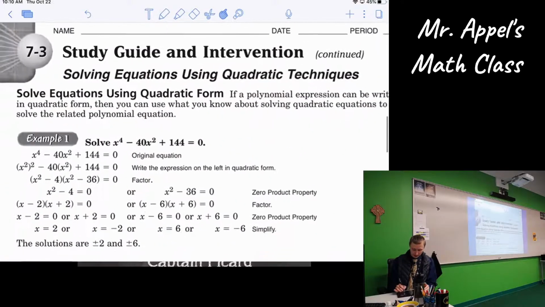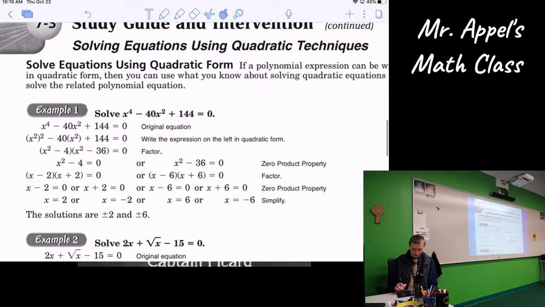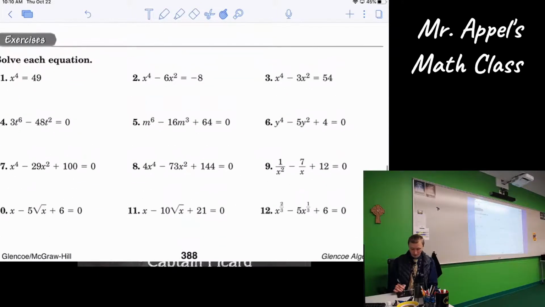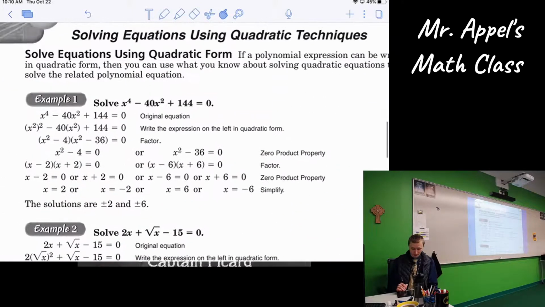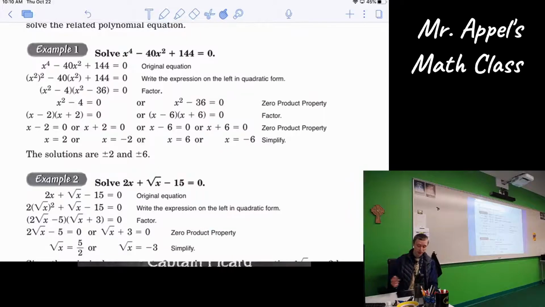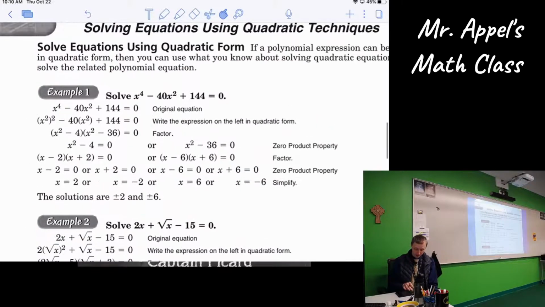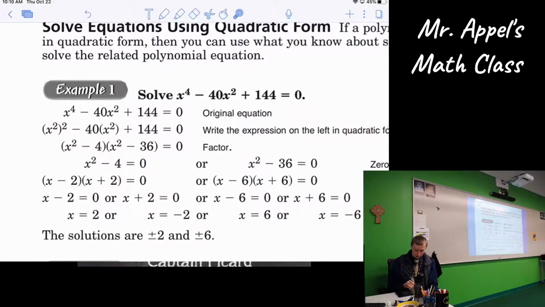And then on the second page, which is fewer, there's only 12 of those, you will then go ahead and actually solve them, right? So once again, take your original equation, 1, 2, 3 terms, trinomial, x to the 4th, even power, check. The other term, x squared, this is half of the other one, check.